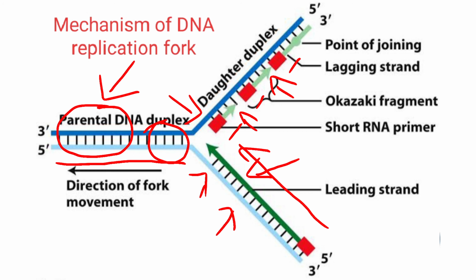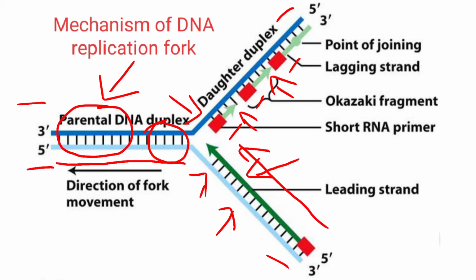that is, the RNA primer is short and it is cut here and there, and it is joined by the enzyme ligase. And you can see it is in an anti-parallel direction, you can see the 5' and the 3', and in the same way 3' and 5'.